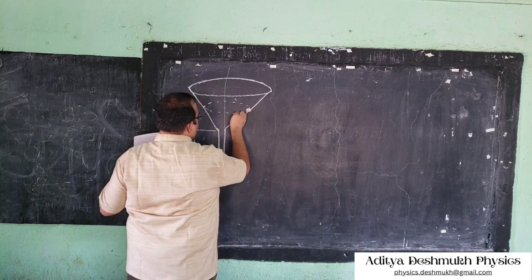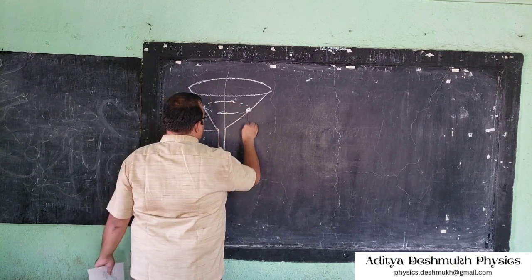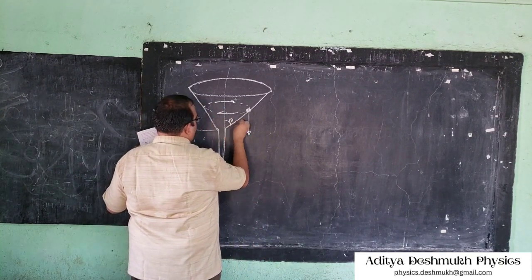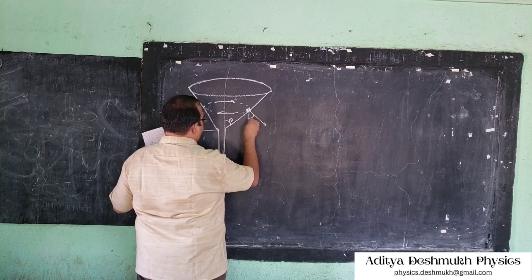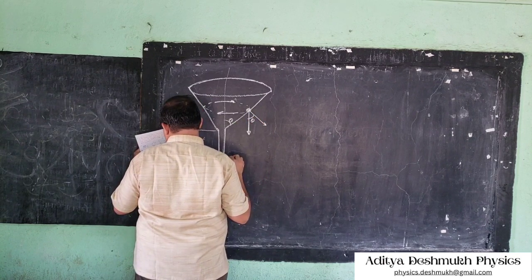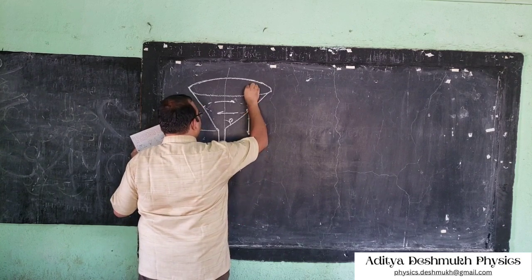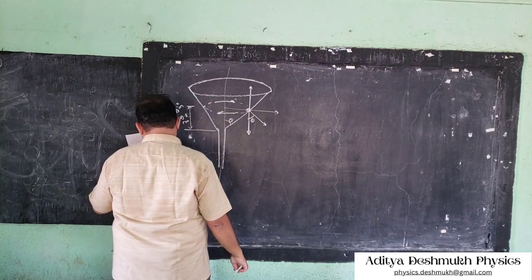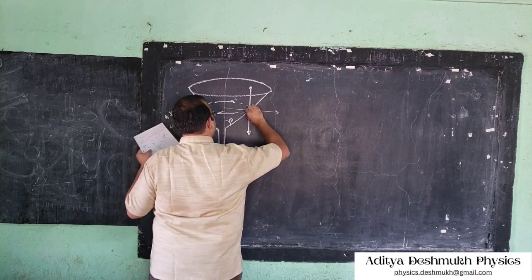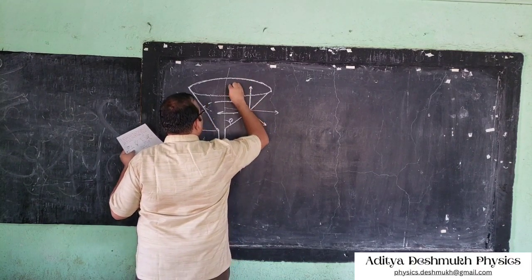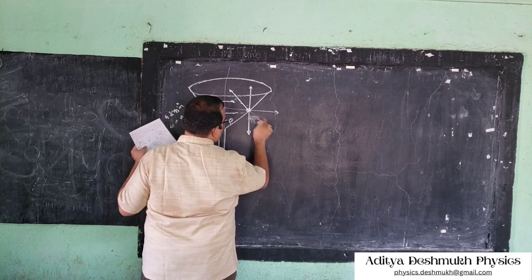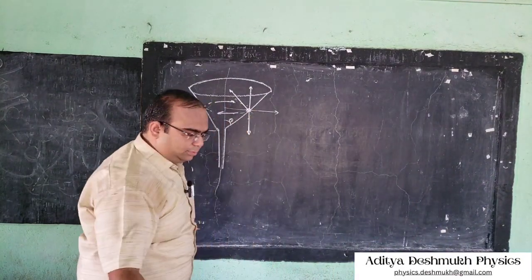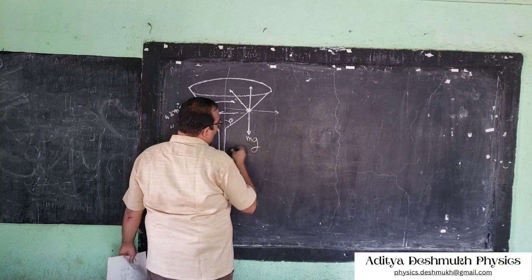So if the particle is following circular motion, and this angle is theta, then this angle will be theta. This is mg vertically downward.